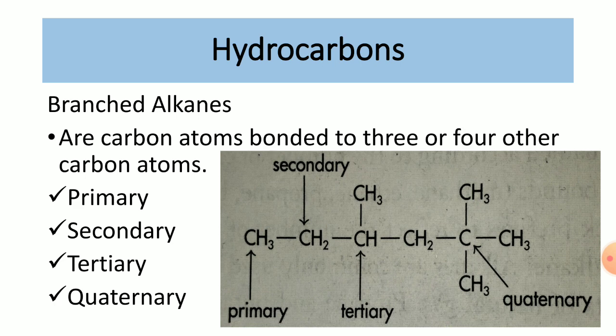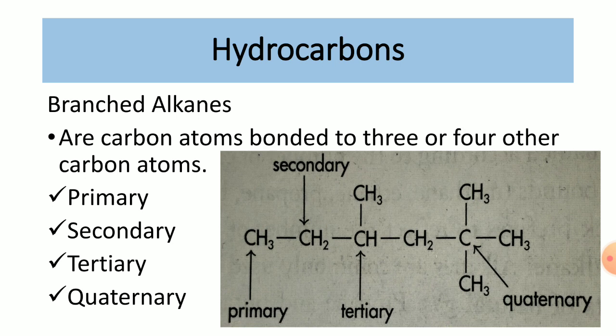Then, it is tertiary if it is bonded to three carbon atoms. So as we can see from the example, the carbon in CH is bonded to three other carbon atoms. So one to its left, which is CH2, then one to its right, which is CH2, and one above it, which is CH3.